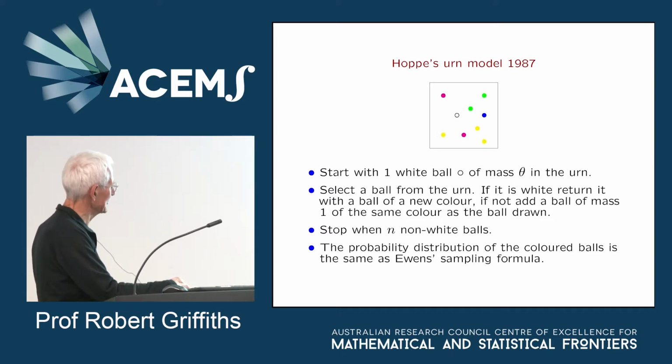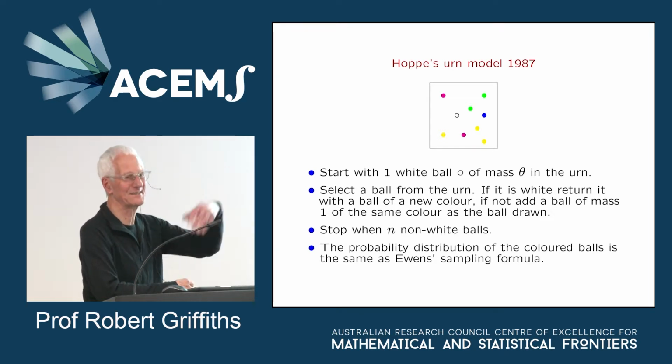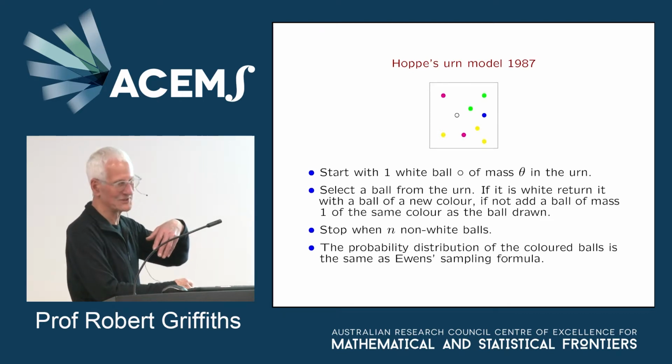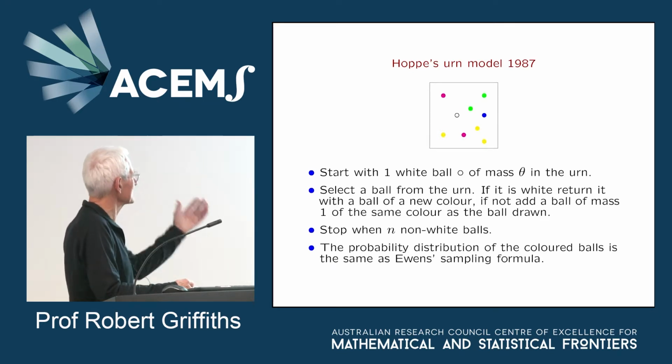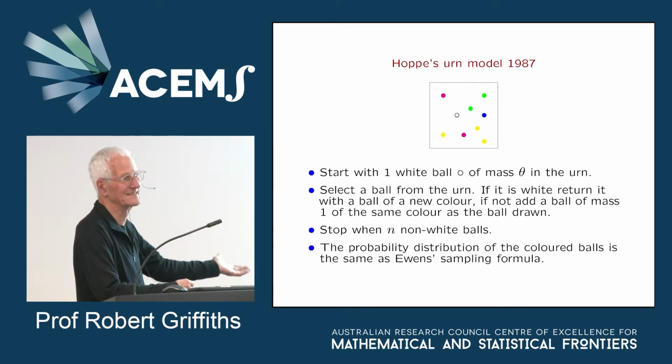Select a ball from the urn. If it's white, you return it with a ball of the new colour. If it's not, add a ball of mass 1 of the same colour as the ball drawn. So we keep drawing. Every time we get a white ball, we put the same ball back in, but we put a new one in, of a new colour. Otherwise, we just put in the old colour again, plus one of the same colour.